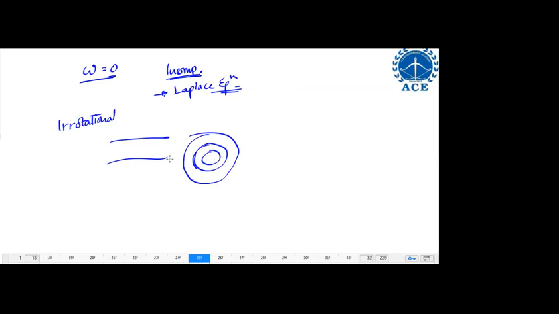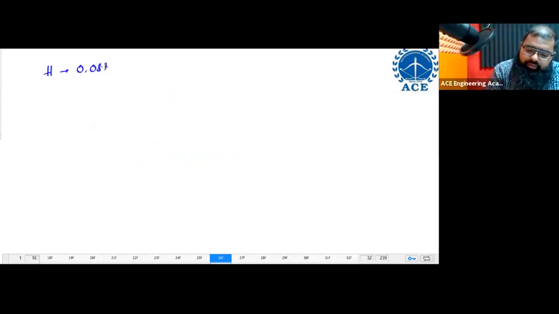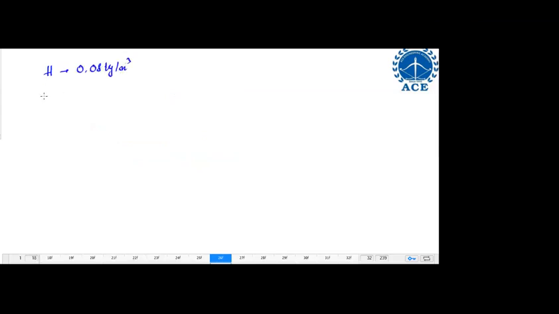Okay, sir, and one last question is there. A balloon is filled with hydrogen of density 0.08 kg per meter cube, and it is supporting 50 newton weight, and air density is given 0.9.